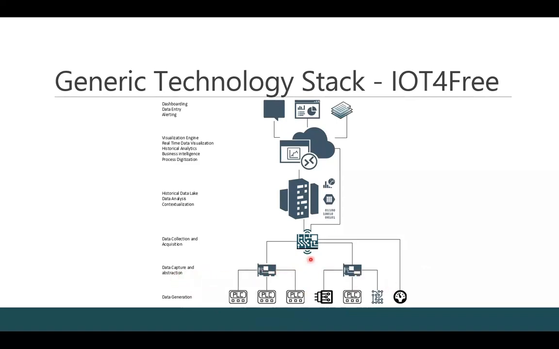We have data collection and acquisition just above it, followed by historical data ingestion and storage, and finally the visualization layer or engine, which can be broken out into several subcomponents such as dashboarding, alerting and annunciation, and process digitization. I will elaborate on each of these layers in the next few slides.